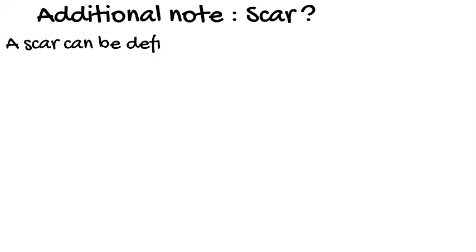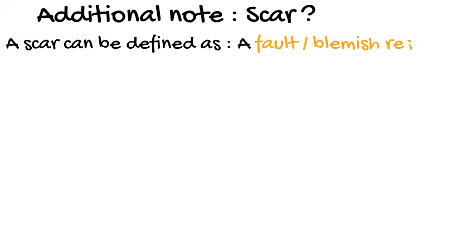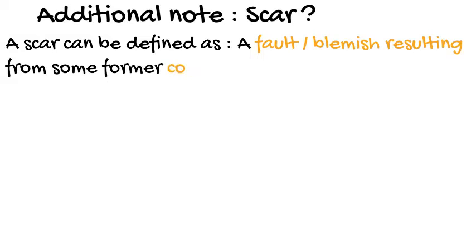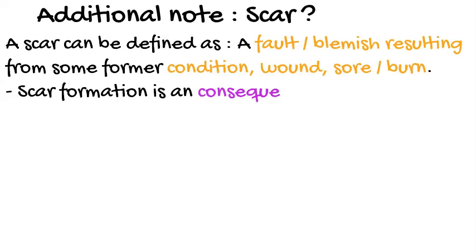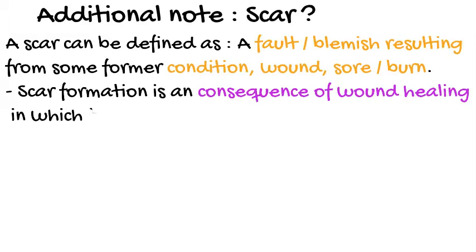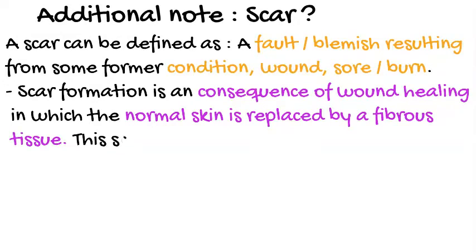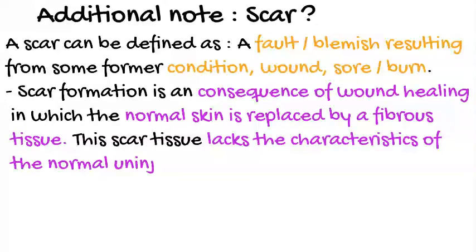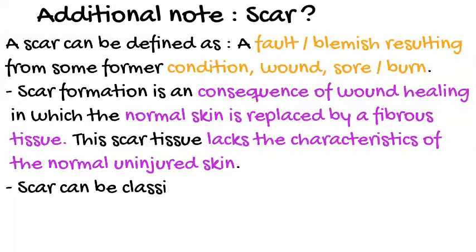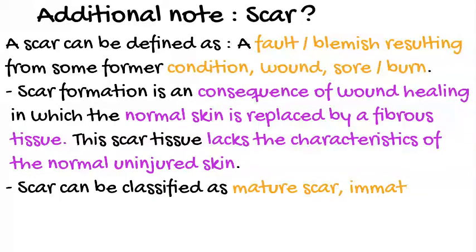Okay, now I just want to cover an additional note regarding scars. What is a scar? A scar can be defined as a fault or blemish resulting from some form of condition, wound, sore, or burn. Scar formation is a consequence of wound healing in which the normal skin is replaced by fibrous tissue.